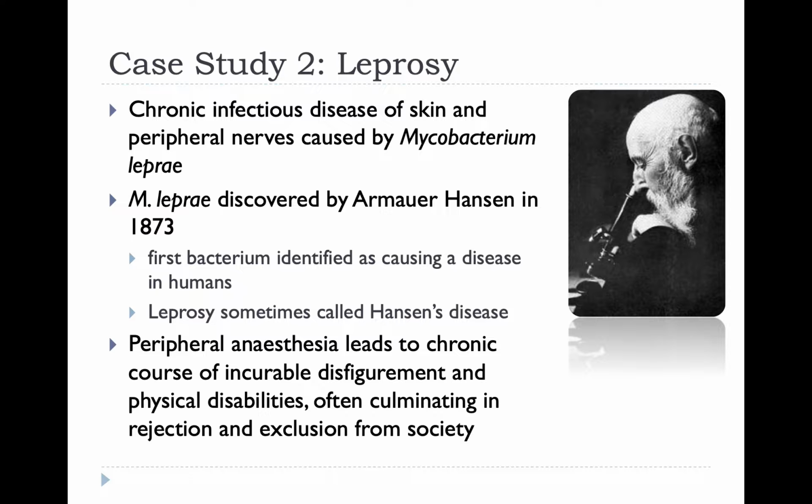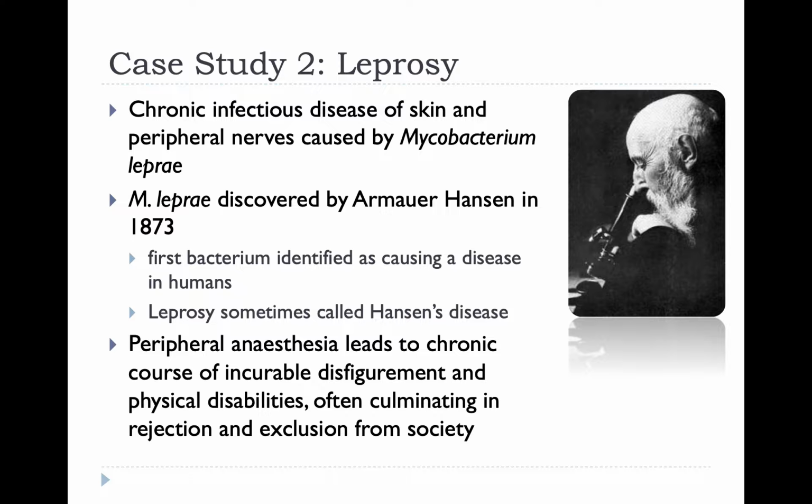So this Norwegian guy here, Armauer Hansen, back in 1873, was able to visualize the organism down the microscope and show that it was reliably associated with patients that had what was clinically deemed to be leprosy. So leprosy is sometimes called Hansen's disease in his honour.